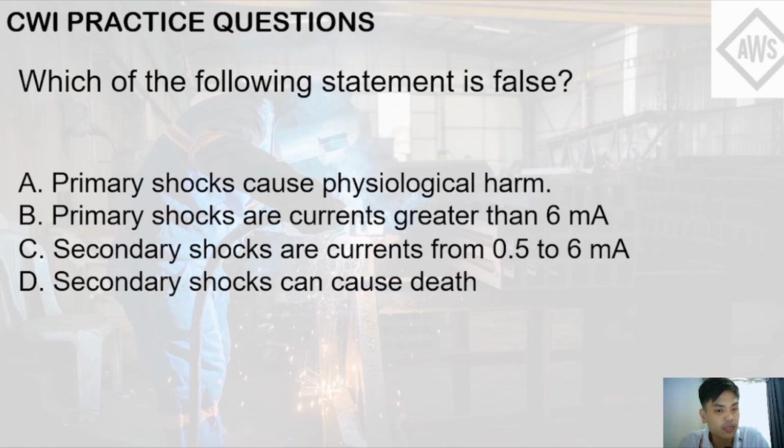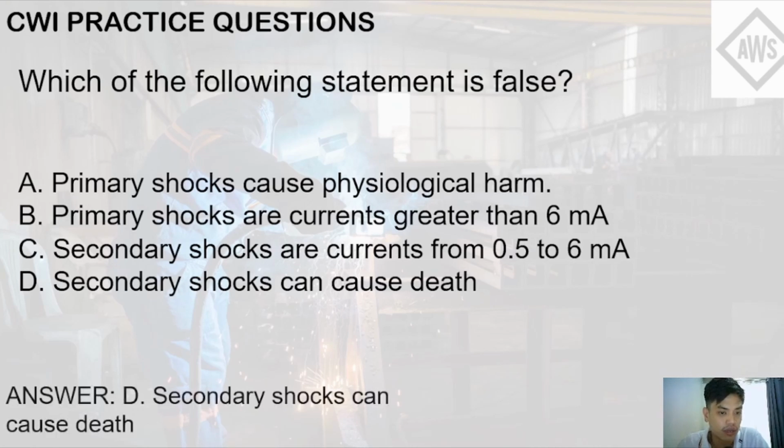So the answer here is letter D. So why are the others incorrect? Primary shocks can indeed cause physiological harm. These shocks are greater than 6 milliampere, so letter B is also correct. Letter C, secondary shocks are indeed classified from 0.5 to 6 milliamperes.